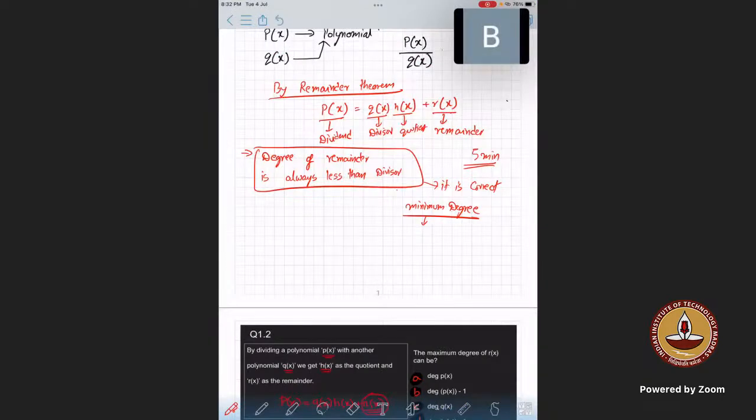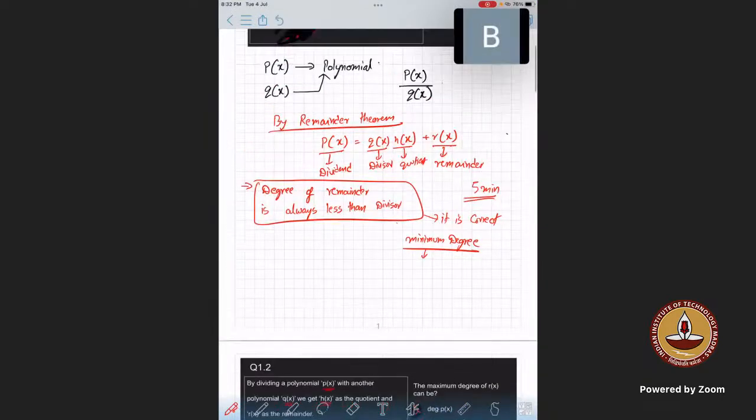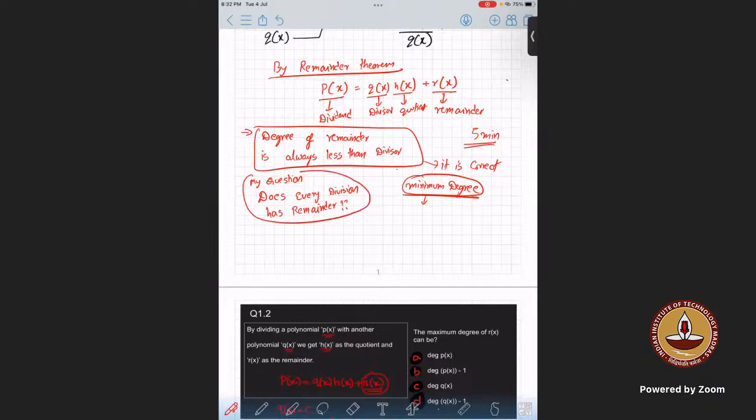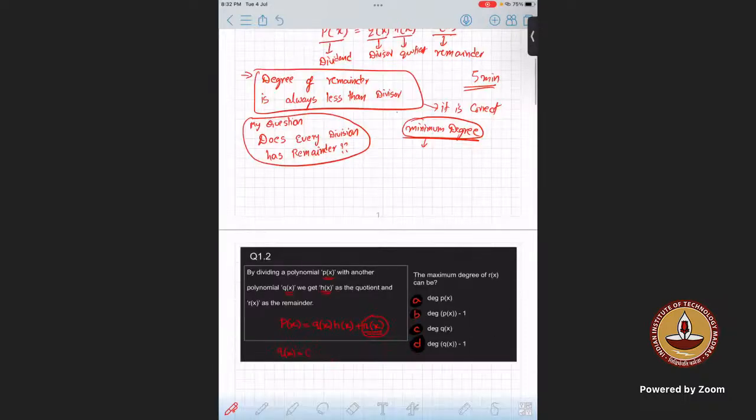Look, here they ask the minimum degree. My question is, does every division have a remainder? Look, there are two cases.